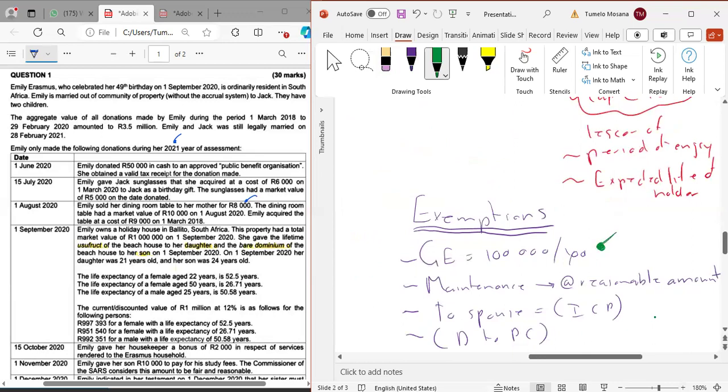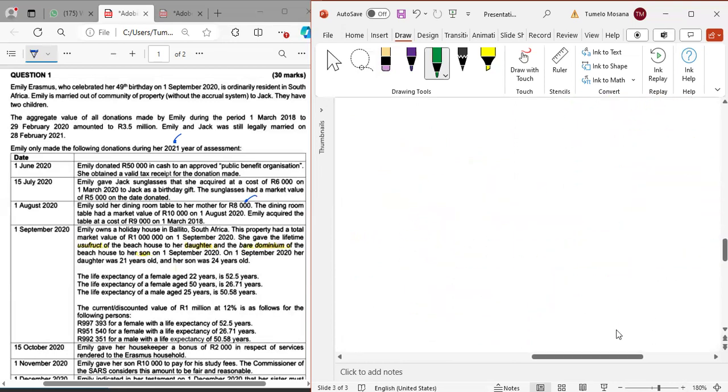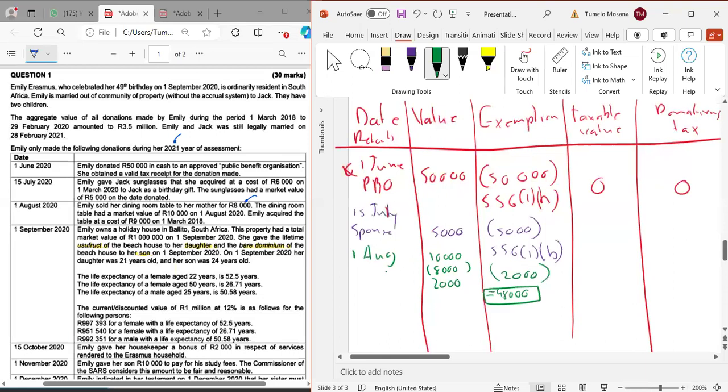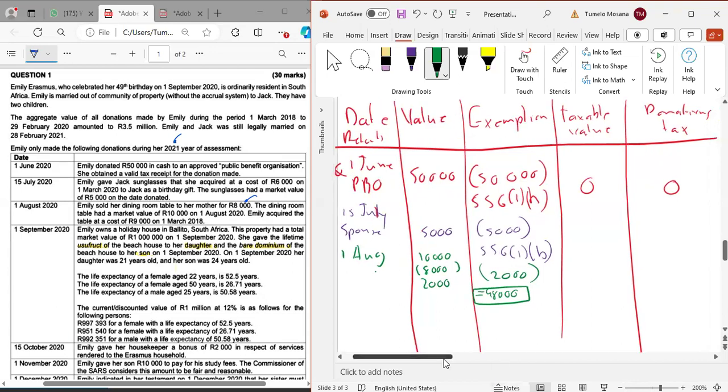So this is your general exemption. Anything that starts to surpass the 100,000 mark will no longer form part of your general exemptions, right? Now that 2,000 is still within the general exemptions because it is lower than 100,000. And there's no specific exemption for such deemed donations. So I'm going to default to the general exemption.